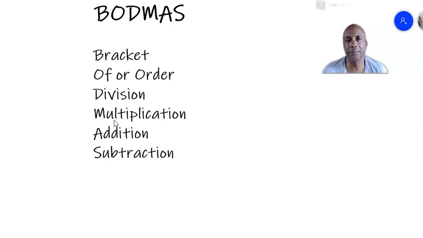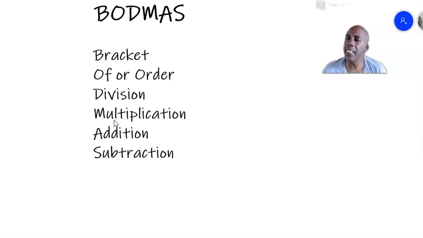And today, although we are looking at simplification of fractions, I will pause in order to look at this concept, the Bodmas Rule. This is a rule that you use when you are doing a calculation in which you have a sequence of different mathematical operations to do in the same problem.